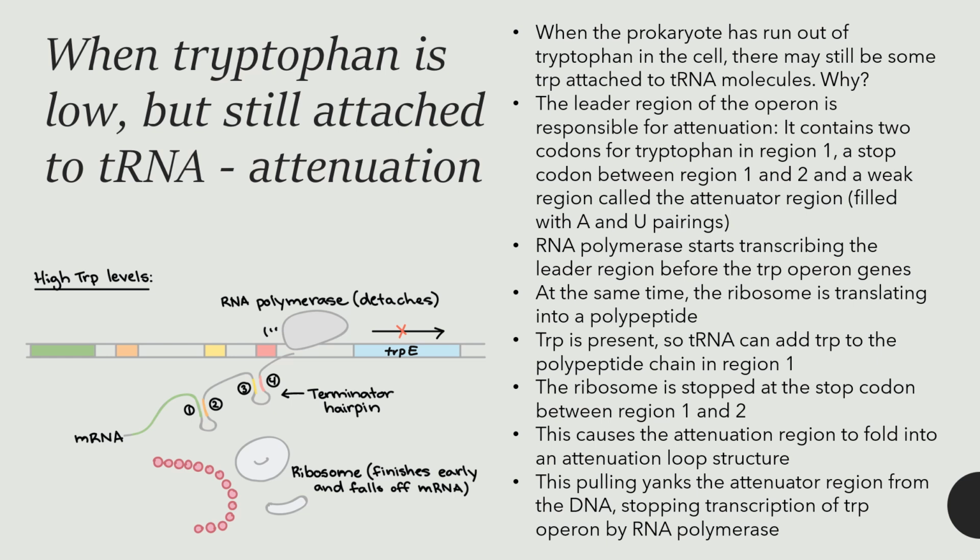So that means low tryptophan, not high tryptophan, but tryptophan is still attached to tRNA molecules. Why would it be attached to tRNA? Because tryptophan is an amino acid, so tRNA is probably doing its job and collecting the tryptophan amino acids to add to a polypeptide chain somewhere else.